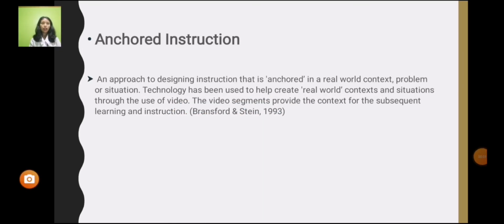Next is anchored instruction. It is a technology-centered learning approach which falls under the social constructionism paradigm. It is also a form of situated learning that emphasizes problem solving with an integrated learning context which can be examined from multiple perspectives. In other words, the learning is contextualized to provide students with realistic roles that serve to enhance the learning process.